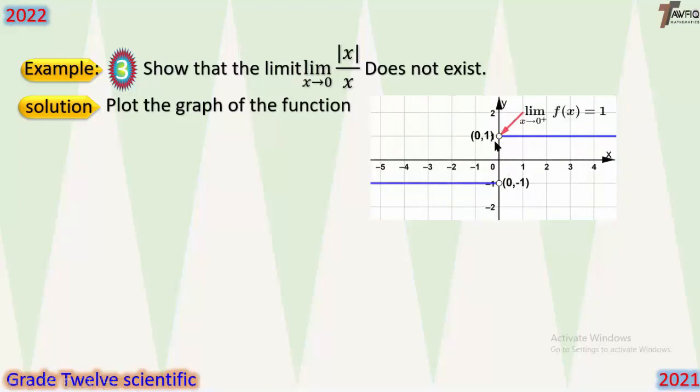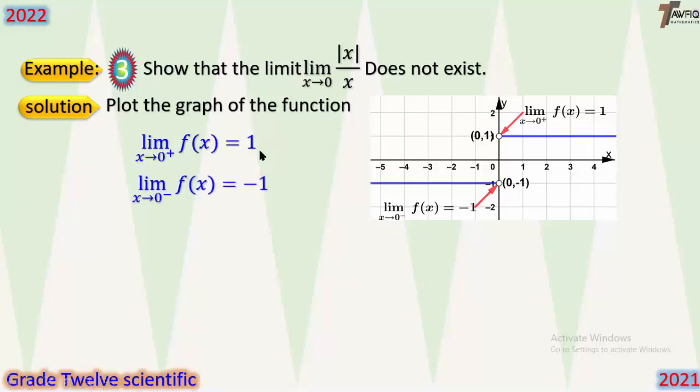The 0, 1 gives us the right limit: x approaching 0 from the right is 1. And this one gives us the left limit. Therefore the limit when x approaches 0 from the left is minus 1. Because 1 is not equal to minus 1, the right limit is not equal to the left limit and therefore the limit does not exist. Varied behavior.